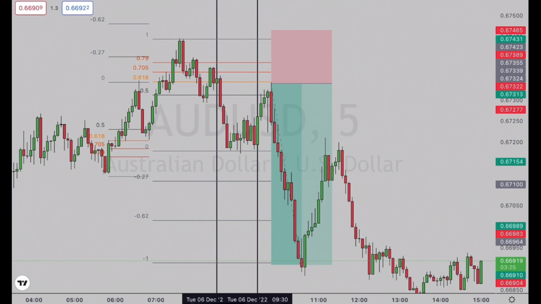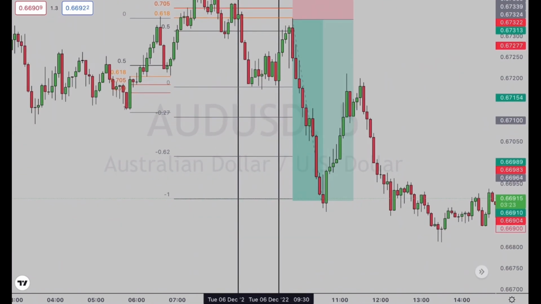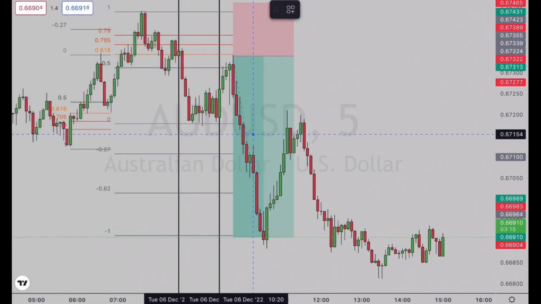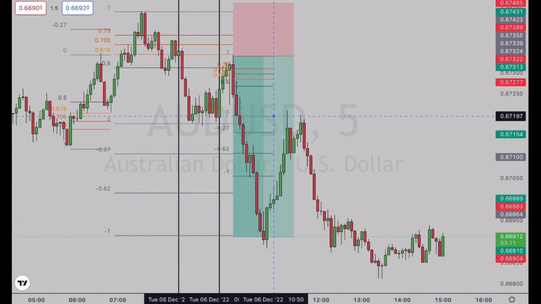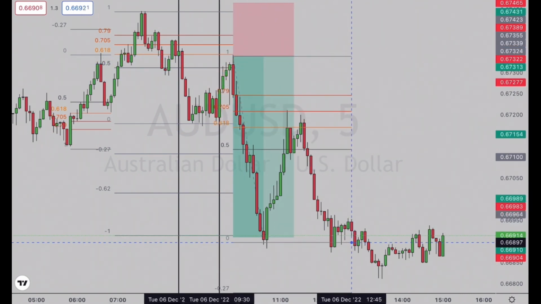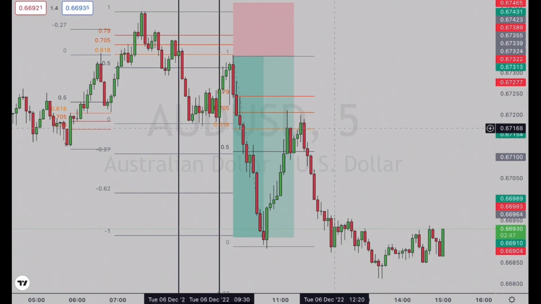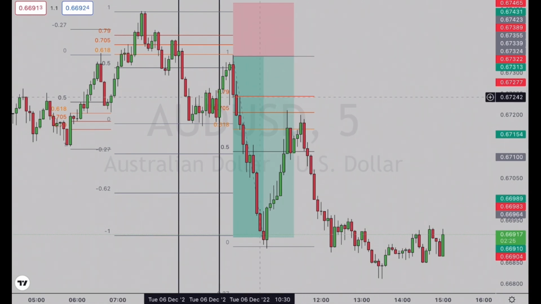Okay, so for that reason I did not take the trade, but also we got another optimal trade entry right here. As you can see, price goes a little bit above the 0.618 level and touches the 0.705 level. Keep in mind that until price goes through the 0.79 level, the optimal trade entry is still valid.